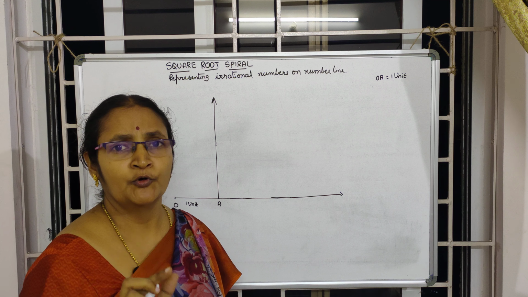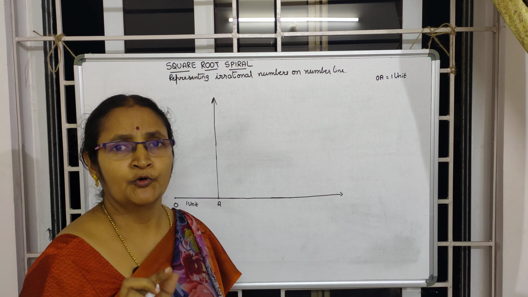Now what am I going to do? I am going to join C and O. Now I got triangle OBC, a right triangle.